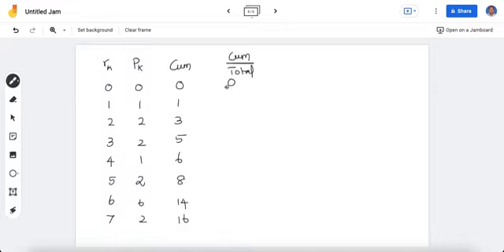So 0 divided by 16, 1 divided by 16, 3 divided by 16, 5 divided by 16, 6 divided by 16, 8 divided by 16, and 14 divided by 16. Lastly, 16 divided by 16.